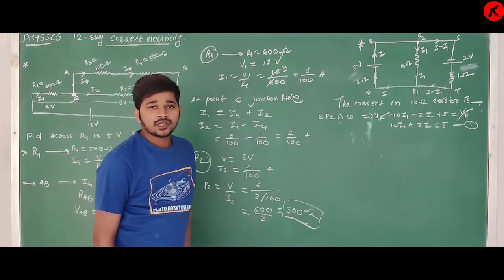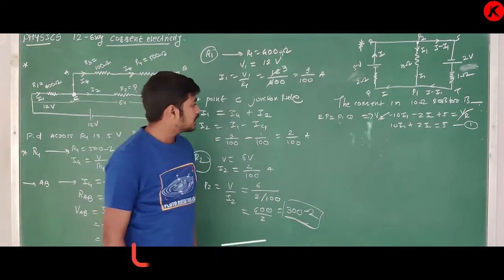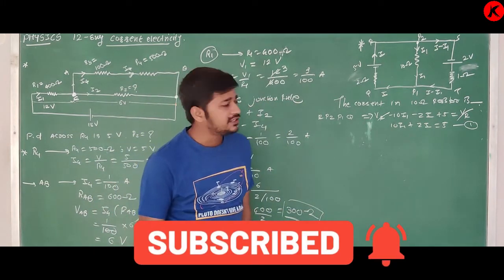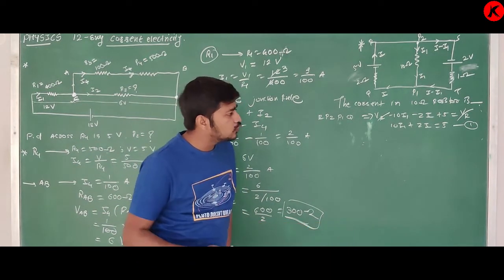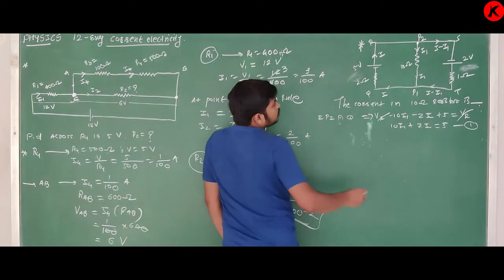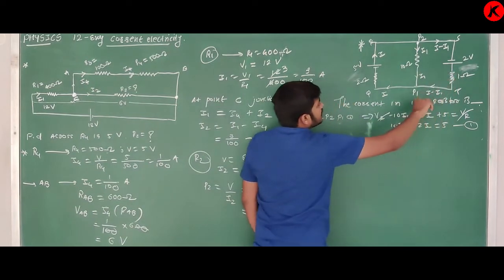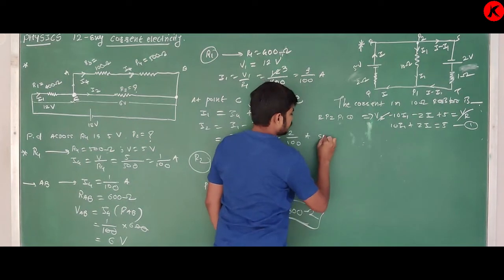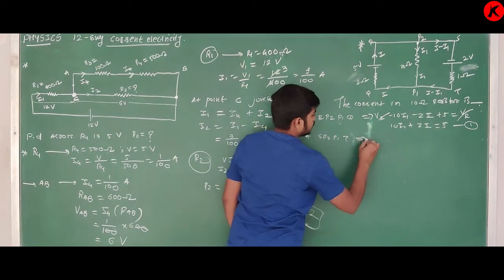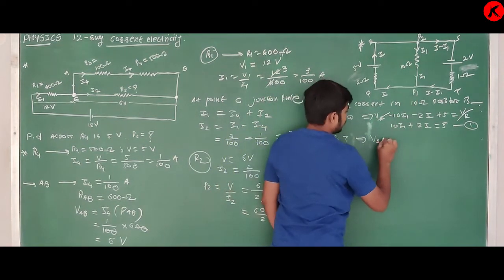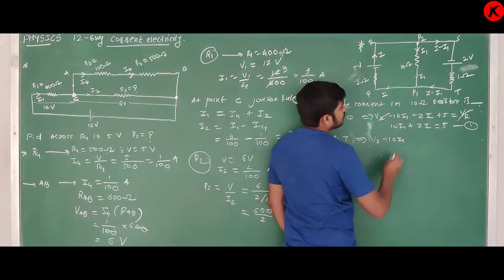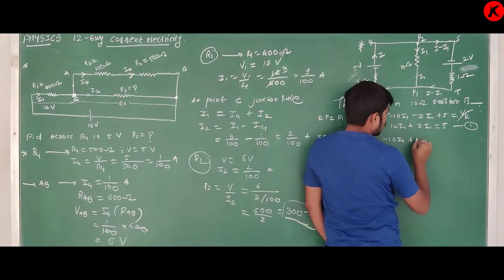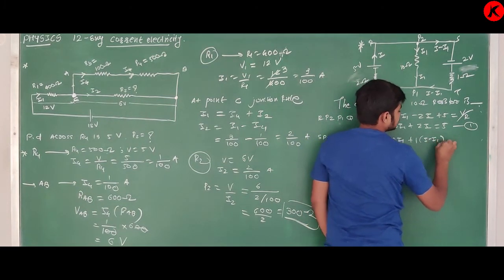Any doubt? Now the second loop. You can consider any loop. Now for the second loop I will consider this side: S, P2, P1, T. So it is minus 10 I1. Then in this direction, which is the opposite direction, it is plus 1 times I minus I1.